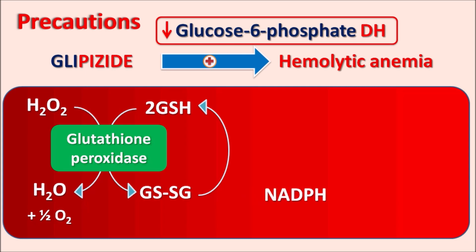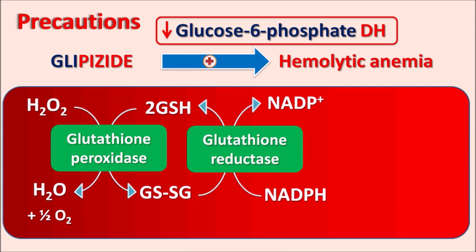This NADPH along with H plus ion can be converted into NADP plus, where the two hydrogens are supplied to this disulfide bridge and glutathione is reactivated, and this step is mediated by another enzyme, glutathione reductase.